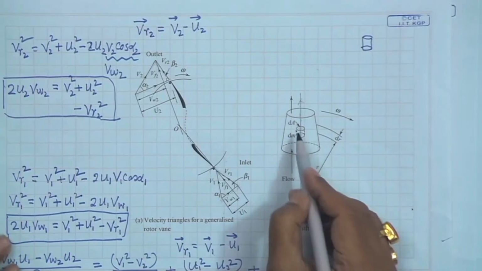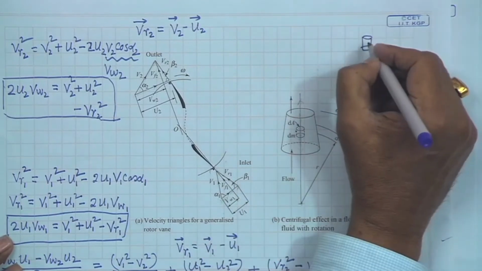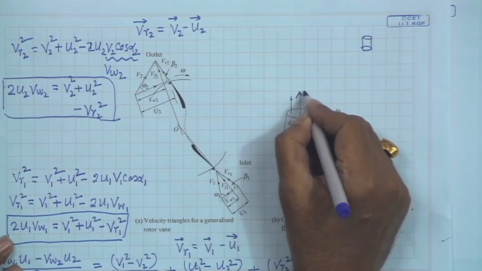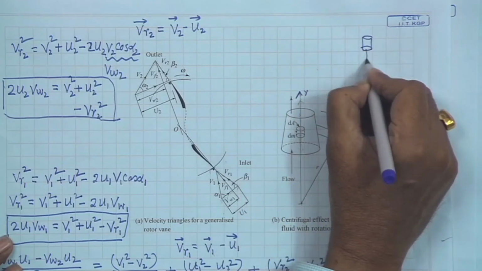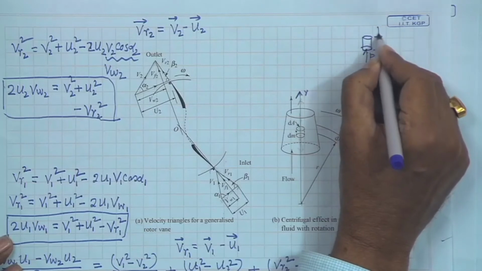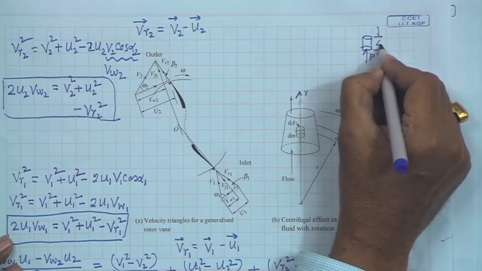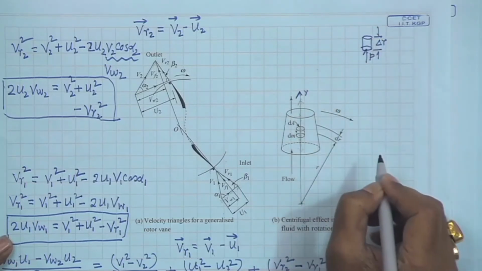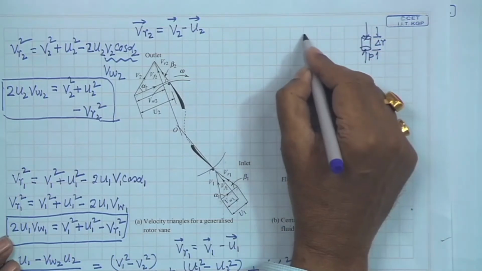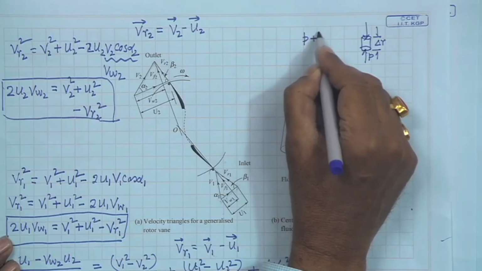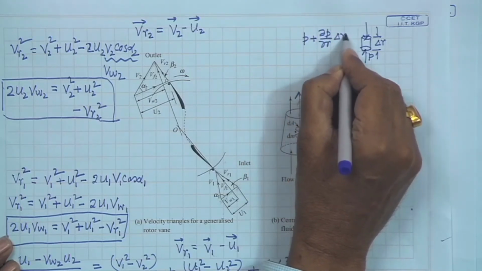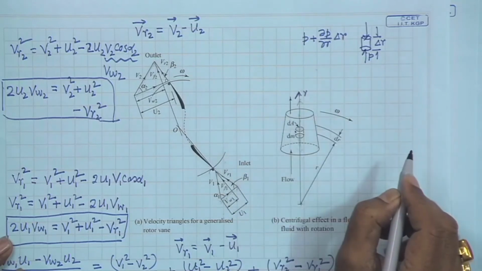If we understand this in a very simple case, consider this as the r direction, with the pressure here as P, and a small radial length dr. Then the pressure here can be written as P plus del P del r times dr, neglecting the higher order terms in a Taylor series expansion.